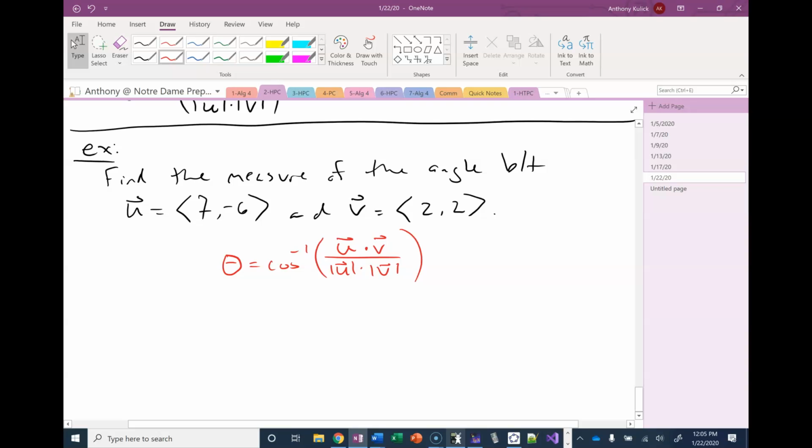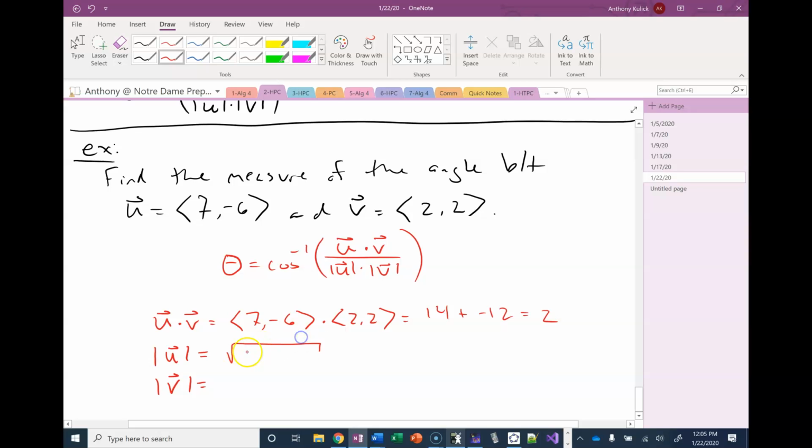For this formula, I need three things: the dot product of u and v, the magnitude of u, and the magnitude of v. So u dot v is 2. It's 85. That's 8.